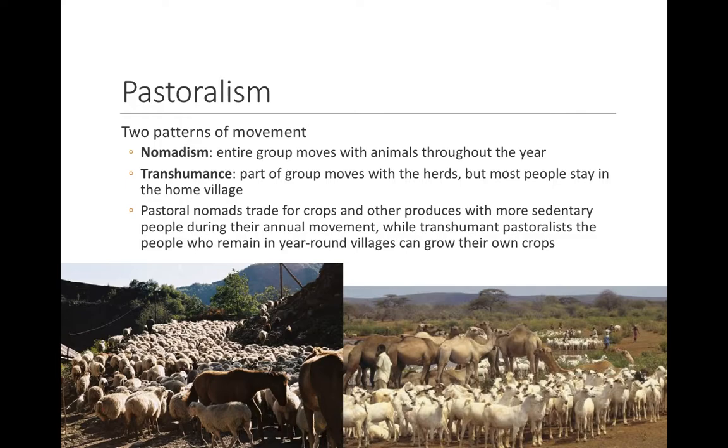And then during nicer seasons, like during the summer, you'll herd your animals down into the valley where the village may be in order to take advantage of less lush summer grasses. So it's seasonal movement of generally some boys and young men who then will tend the herds. The people who stay behind in the village are able to cultivate and create cash crops that they can use to grow their own crops during other times of the year.